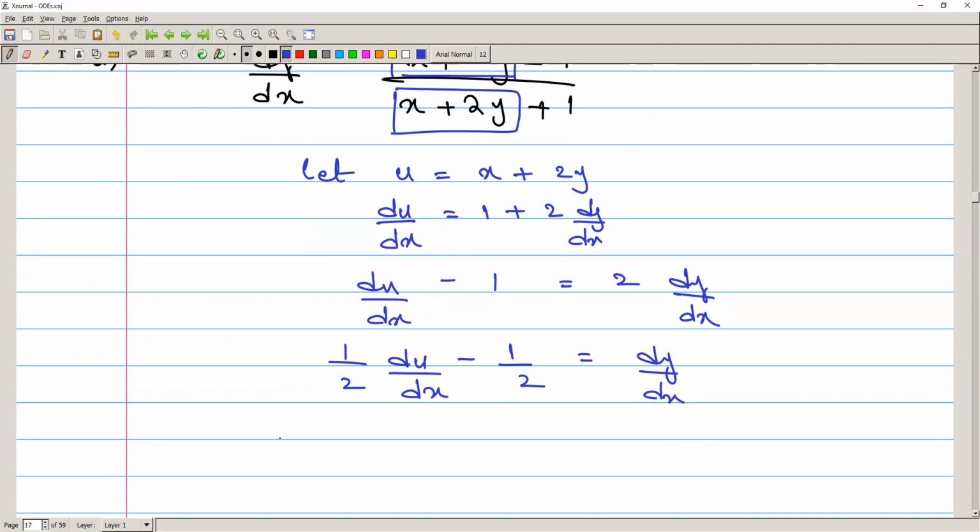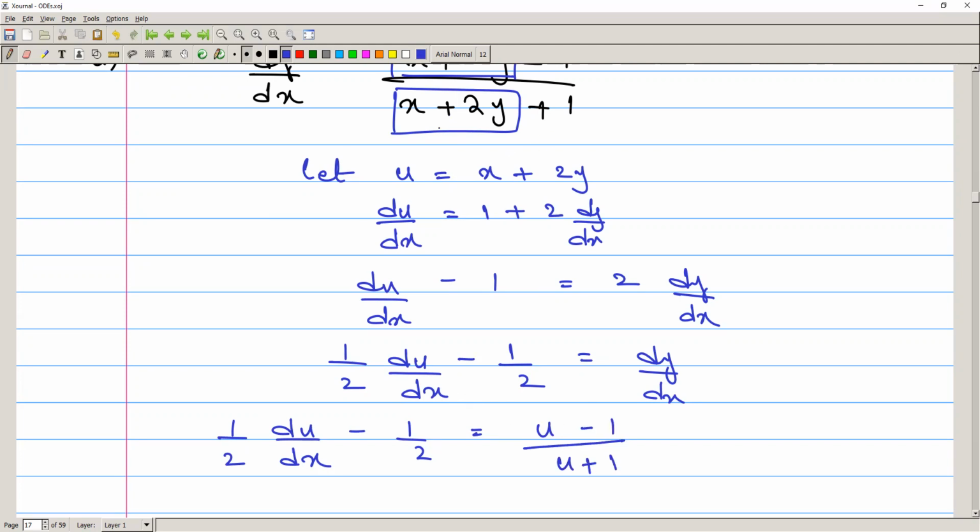So now I can write this problem like this: 1 over 2 du over dx minus 1 over 2 is equals to (u minus 1) over (u plus 1), right?